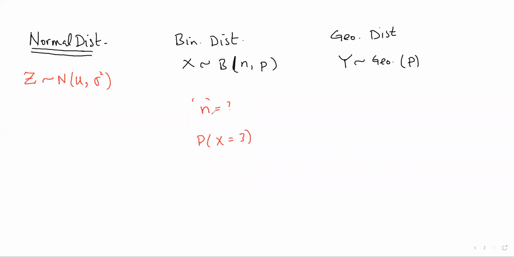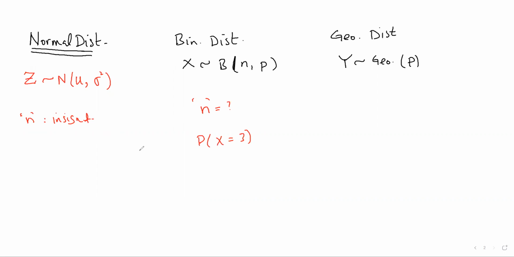So this n, the number of trials, should be known. In the normal distribution, this n has no significance. In fact, you will not hear about this n. It is totally insignificant here, and it is not going to be significant in the case of a normal distribution.